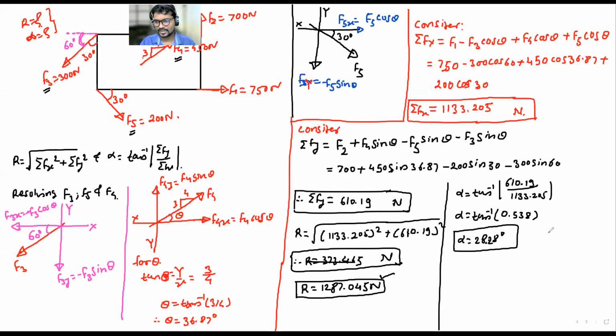Okay, and in the last step, show the resultant R. Summation Fx is positive. Summation Fy is also positive. So the resultant R is in which quadrant? First quadrant. So this will be our resultant R, and this is its angle alpha.